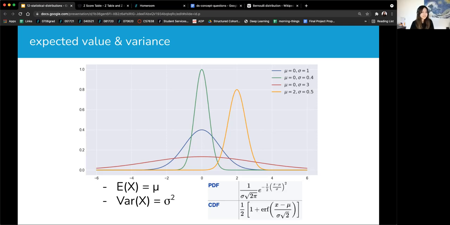Interestingly enough, let's just say that we have a curve that looks almost normal. Let me use a different color. Let's use this color. Let's just say that we have a curve that is kind of normal, but nothing is ever perfectly normal. So let's just say we have this line here. If we were to convert it to a standard normal distribution, the overall shape of this actually will not change very much.